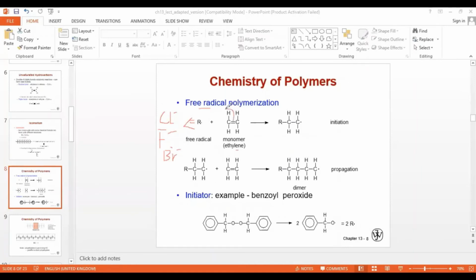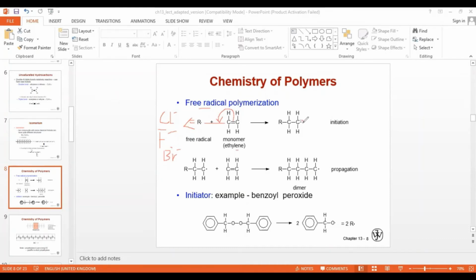So this double bond is broken and a bond is formed between this R and the C. C2H4, one bond is broken to join with R, and we will have a dot here.